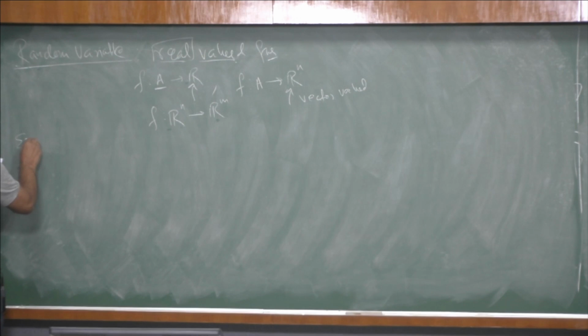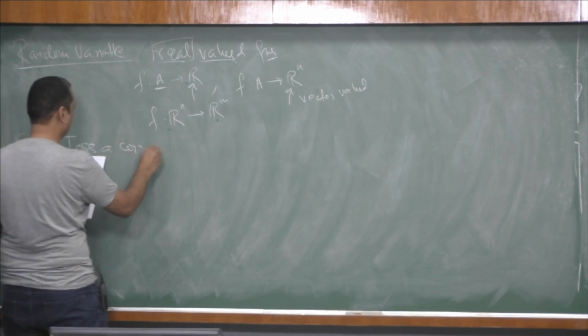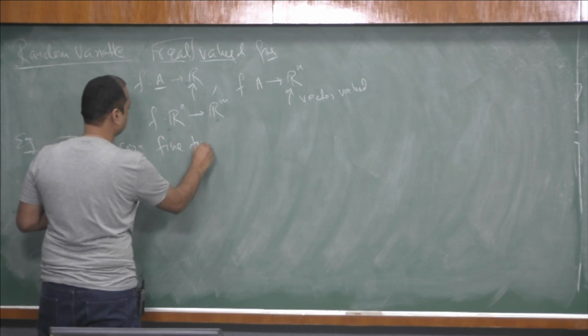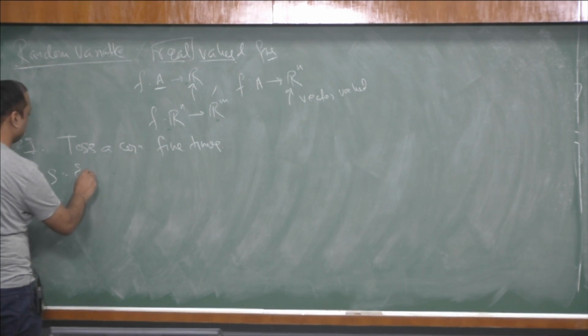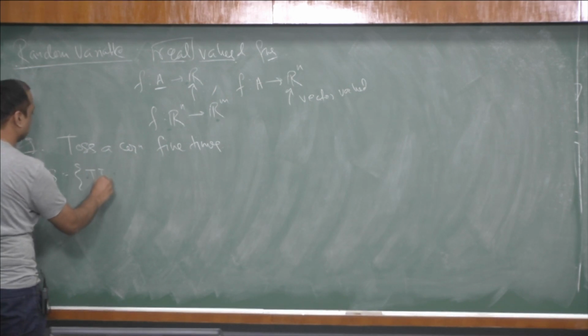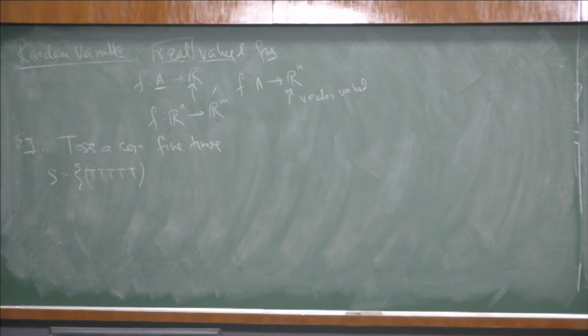So let us see an example of tossing a coin 5 times. What is the sample space here? If I toss a coin 5 times, then the possible outcomes are, for example, tail, tail, tail, tail, tail. That's one possible outcome.